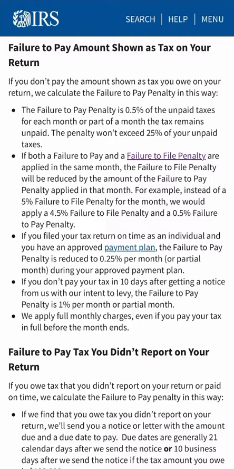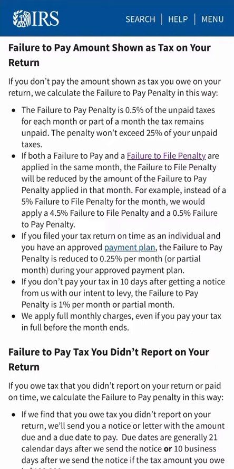Now, if they're assessing you a penalty for failure to pay and a failure to file penalty in the same month, the failure to file penalty is reduced by the amount of the failure to pay penalty that was applied in that same month. As I shared before in the example, instead of a 5% failure to file penalty being incurred, they would apply a 4.5% failure to file penalty and a 0.5% failure to pay penalty.